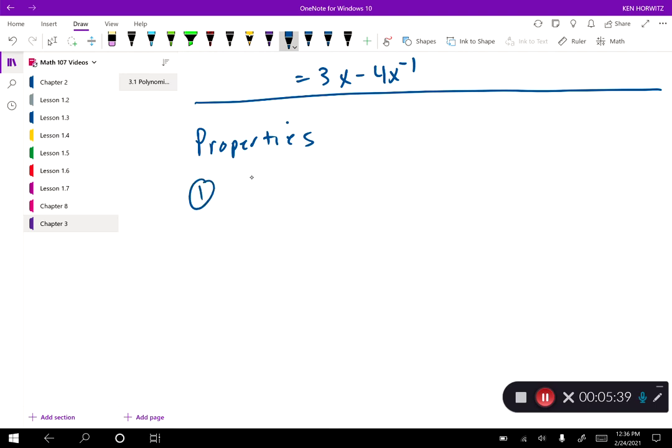The first one is the domain of any polynomial is all real numbers. All right, domain is kind of the white whale of pre-calculus, and it comes in very handy in calculus if you're pretty good at it.